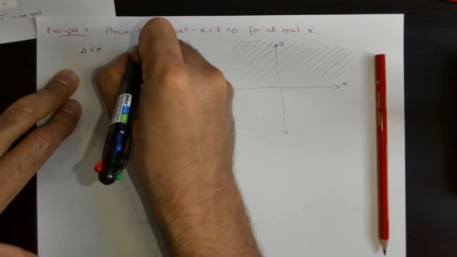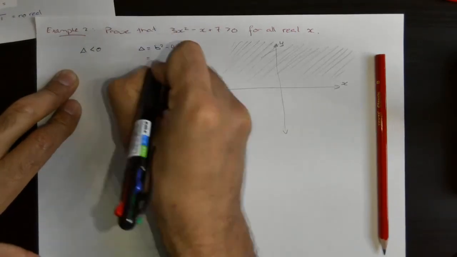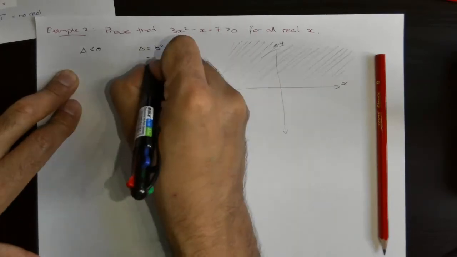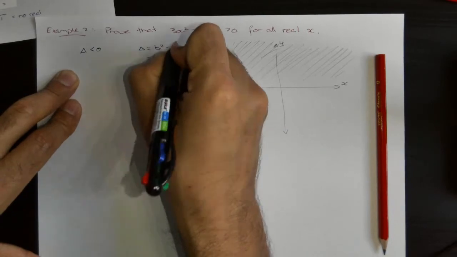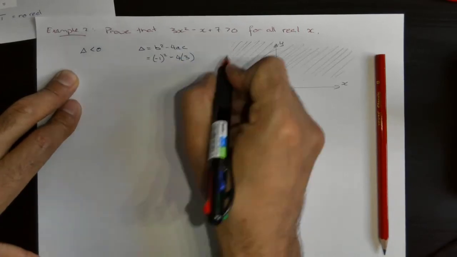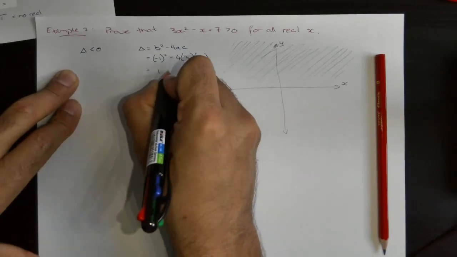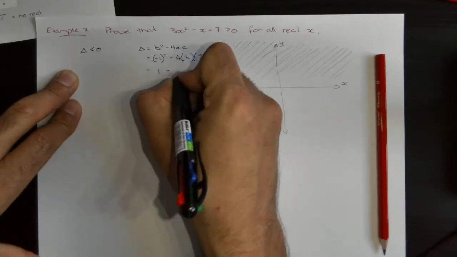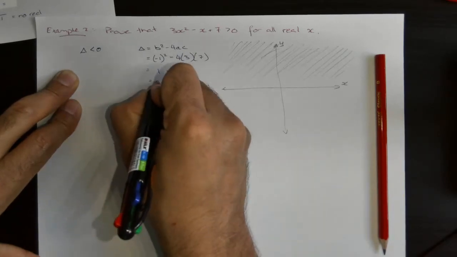I'm going to test it by using the formula. Okay, so we've got negative 1 squared minus 4 lots of 3, which is our a, and 7, which is our c. So we've got 1 minus 84, which is going to be negative 83.